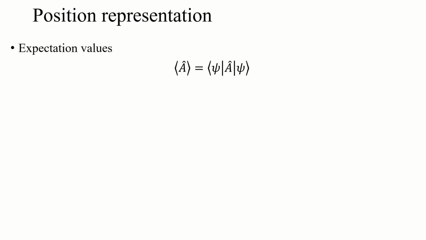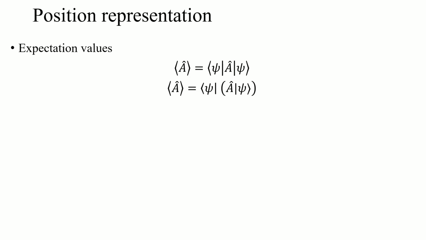We can now, using those tools, look at expectation values. So if we wanted to know the expectation value of some observable A, previously we would just sandwich the bra and ket for whatever state our system is in. If we take that A operator and operate on that ket, that's going to be the equivalent.